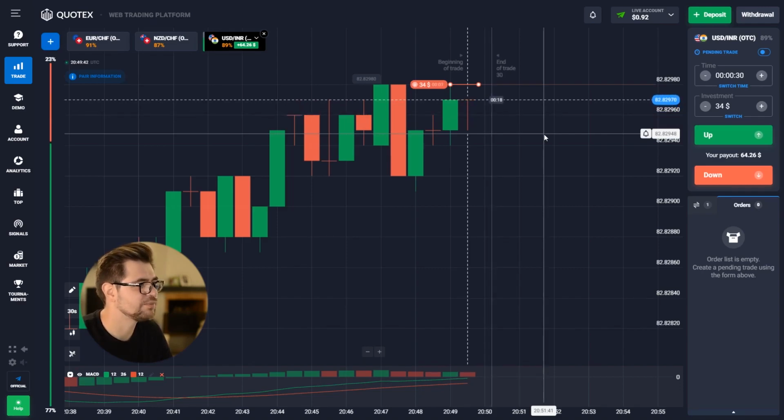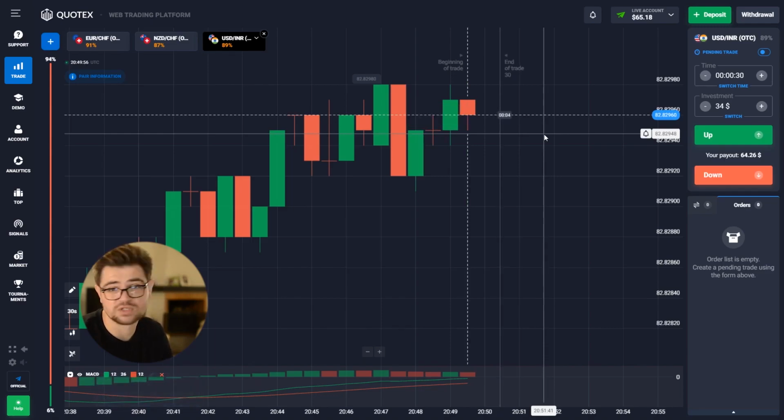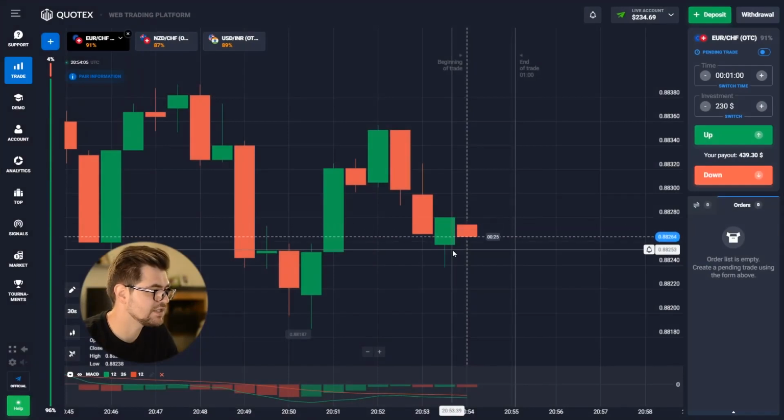Not intuition, but apart from the intuition, it is built on knowledge of technical analysis. We just had a profit, guys. Right now we have $65 already. We started with 10. Although I don't like these candles next to each other like this.